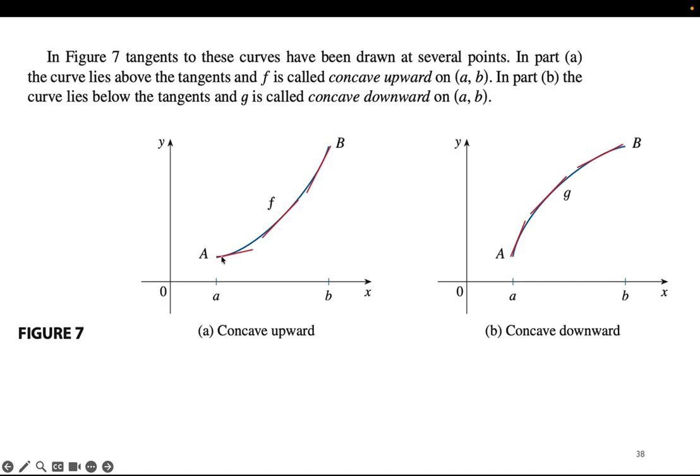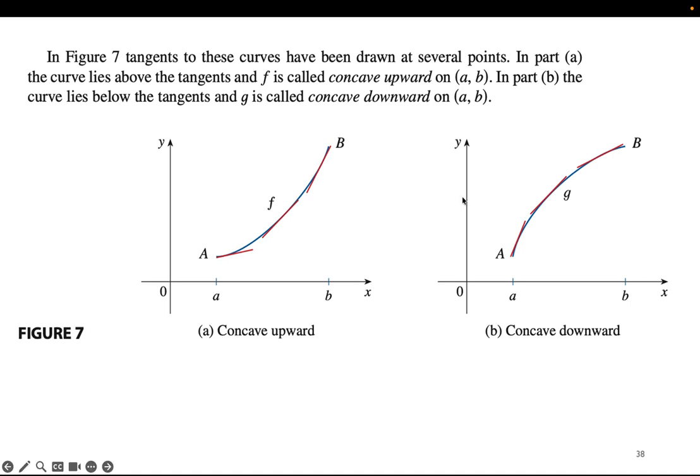So if f prime is increasing, then the function is concave up. That means it's increasing faster and faster. But here, f prime is positive but less positive. It's getting smaller and smaller. So that's how you can distinguish concave down.